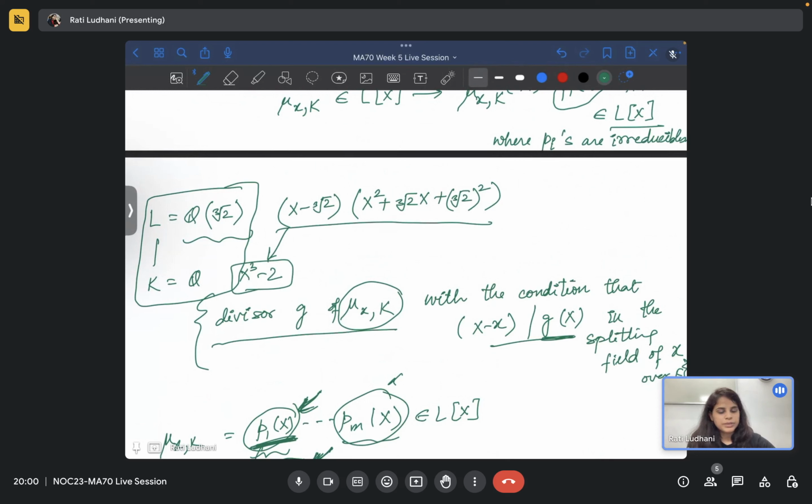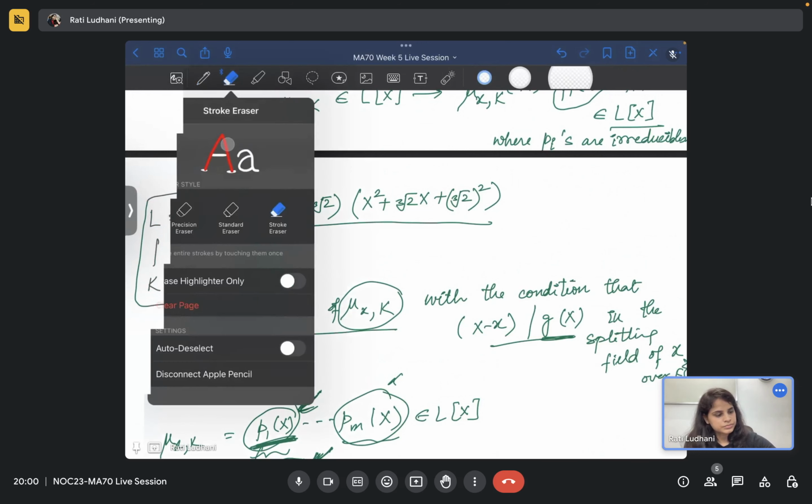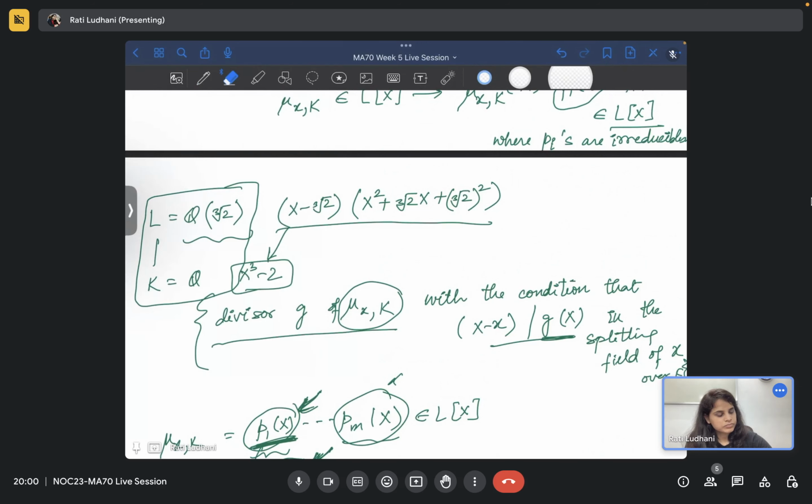Now, how many intermediate fields can you have? So you have cube root of 2. Actually, you cannot have many factors. In this situation, it says 2 raised to power n minus 1, where n is the degree of the minimal polynomial. The minimal polynomial is of degree 3, so 3 minus 1 is 2, and 2 raised to power 2 is 4.